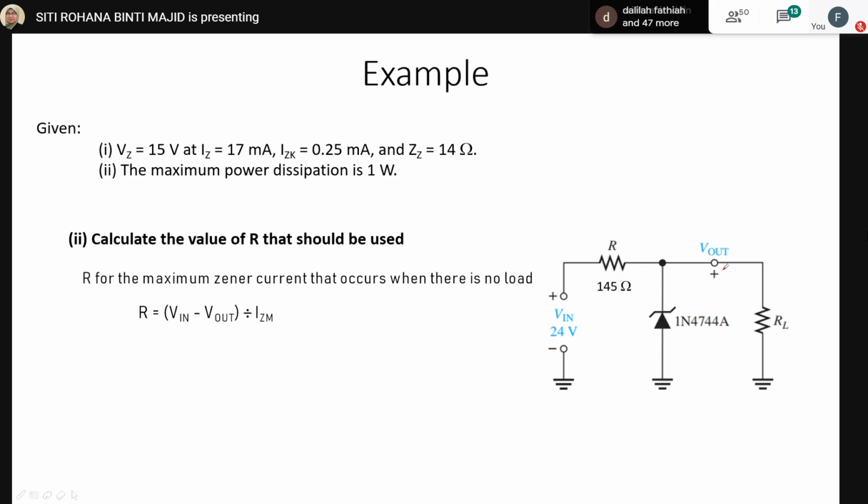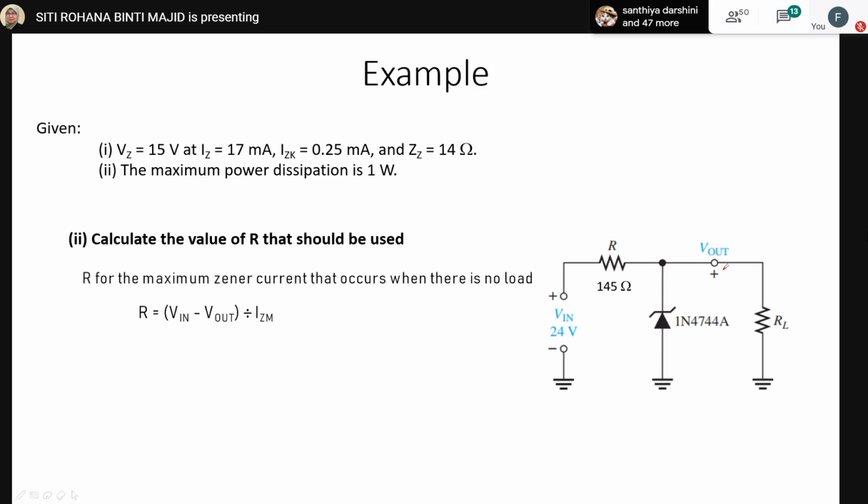Ohm's law is V equals IR. You can manipulate this equation to get a certain parameter. For example, if you want to know I from V equals IR, you should have I equals V over R.